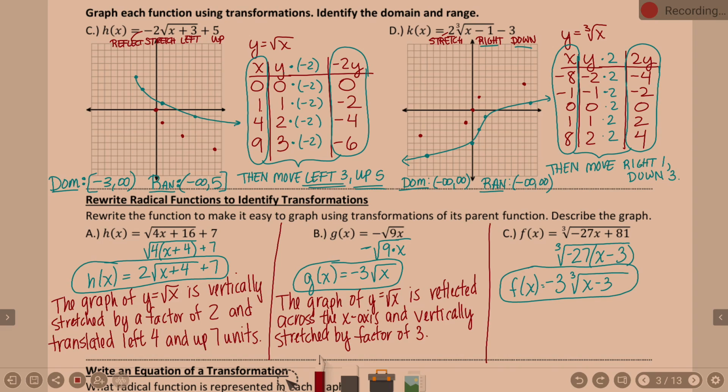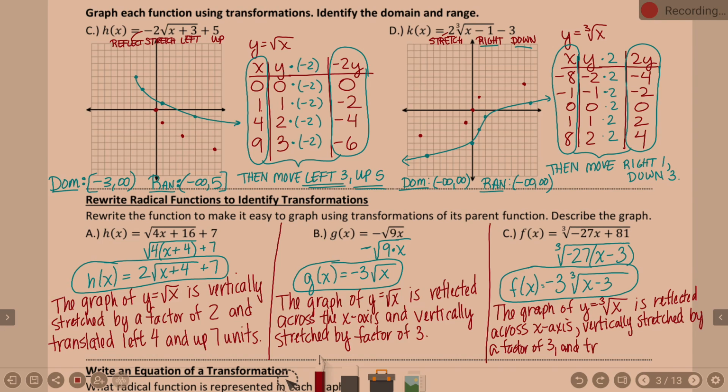So the graph of y equals the cube root of x is reflected across the x-axis, vertically stretched by a factor of 3, and translated right 3. That's a lot of 3's in that problem.